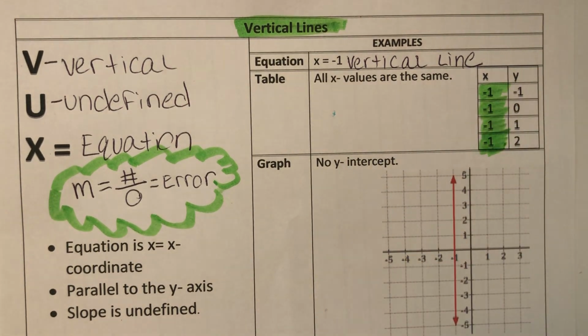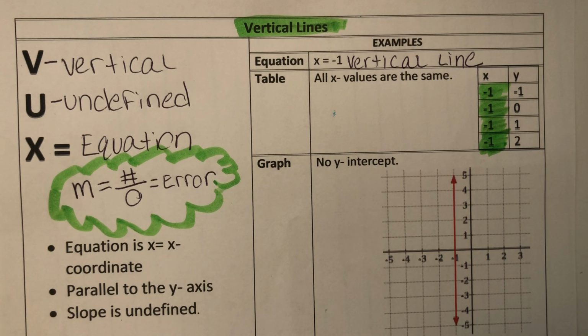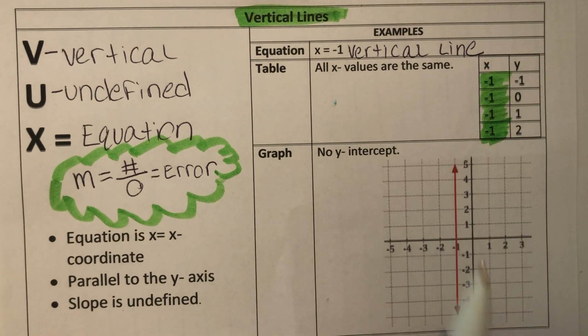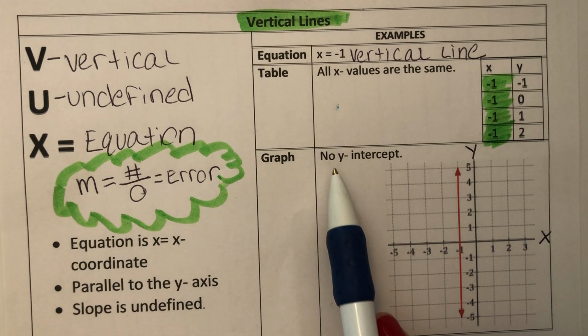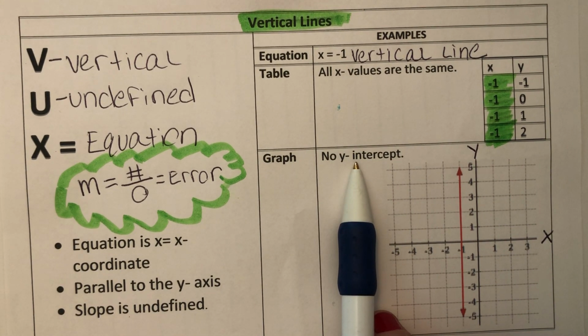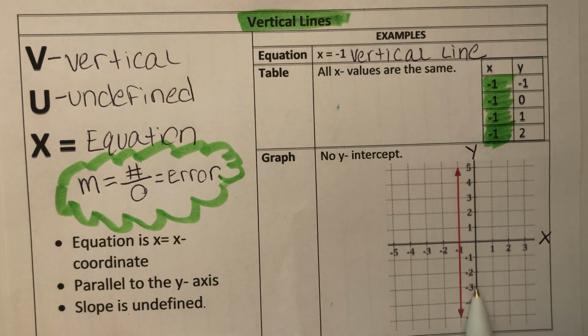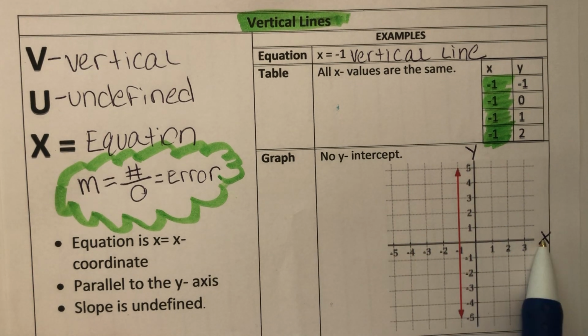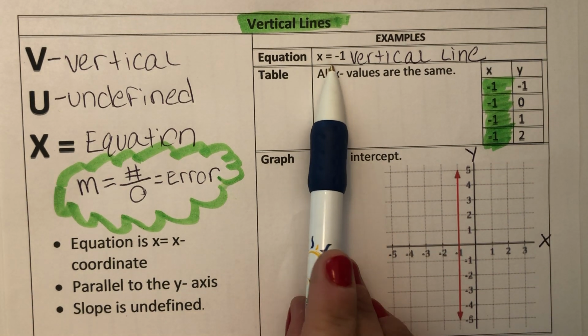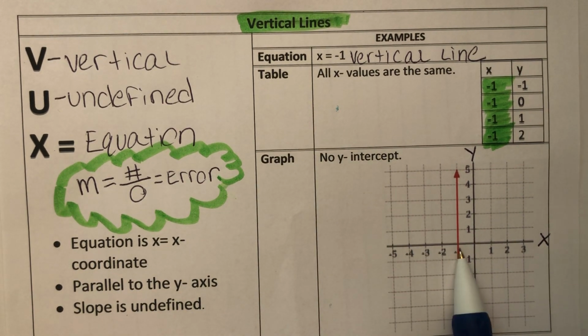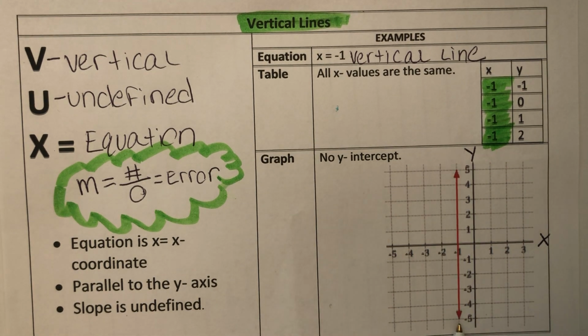There is only vertical change. On a graph here, here's our y-axis, here's our x-axis. There's no y-intercept. It does not intercept the y-axis. It only goes through our x-axis. So our equation is x equals -1. So on our x-axis, it's going right through it at -1.